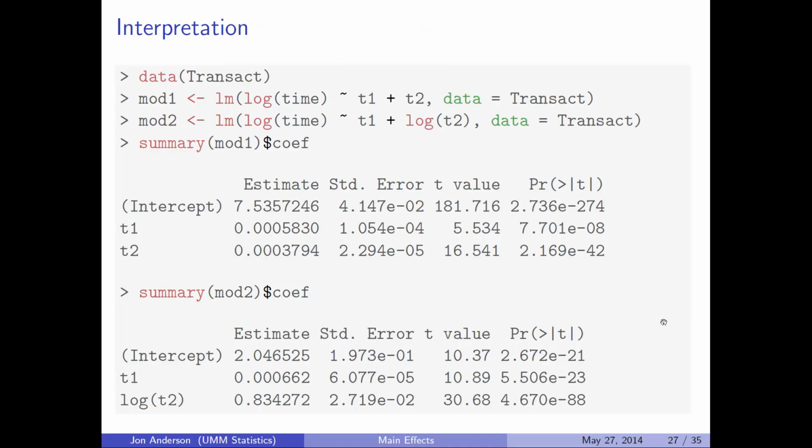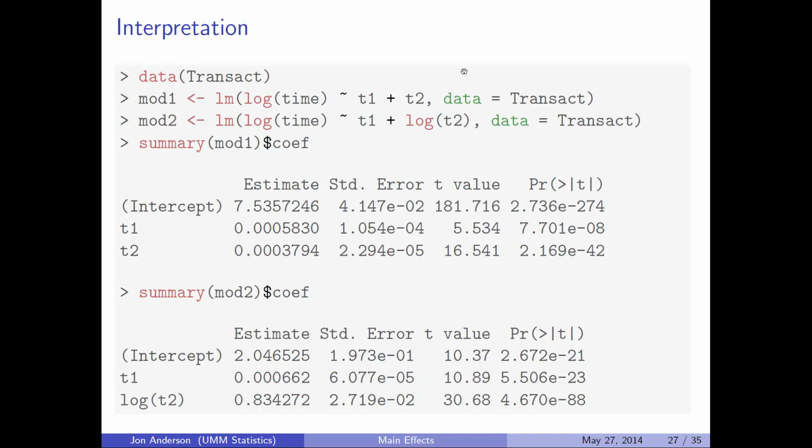Here's a data example that we can use to illustrate these issues. We have some transaction data where the response variable is teller time, minutes of labor to handle bank transactions at a bank branch, and we'll be analyzing this in terms of the logarithm of these teller times, base e.